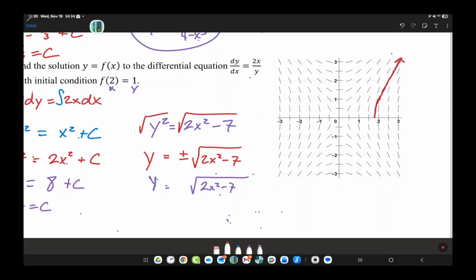All right. This is the explicit solution. The implicit solution would include the other side.